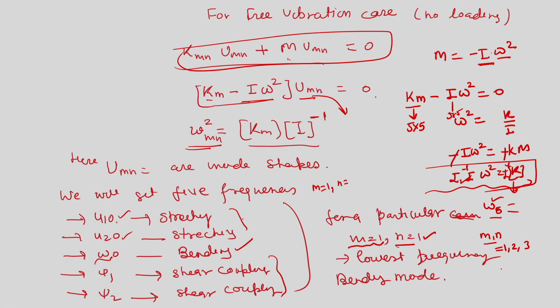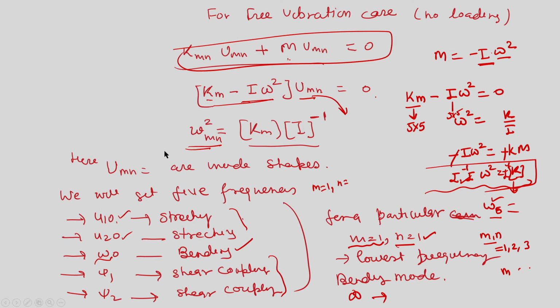As we increase m and n to 4, 5, we will get an infinite set of frequencies. When a cylindrical shell is subjected to all round simply supported conditions, the calculation of frequency is very easy, like the case of a plate.